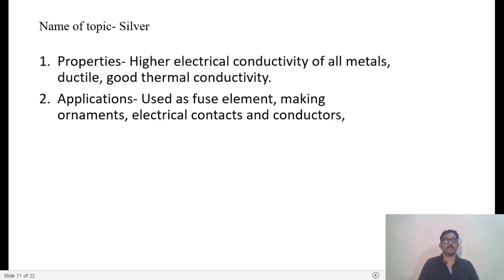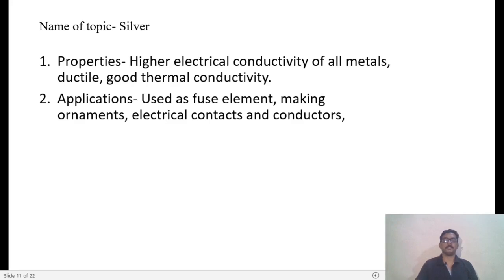Silver. Silver is a good metal which has the highest electrical conductivity of all the metals. It is ductile and has good thermal conductivity. The applications are: it is used in fuse elements, making ornaments, electrical contacts and conductors.